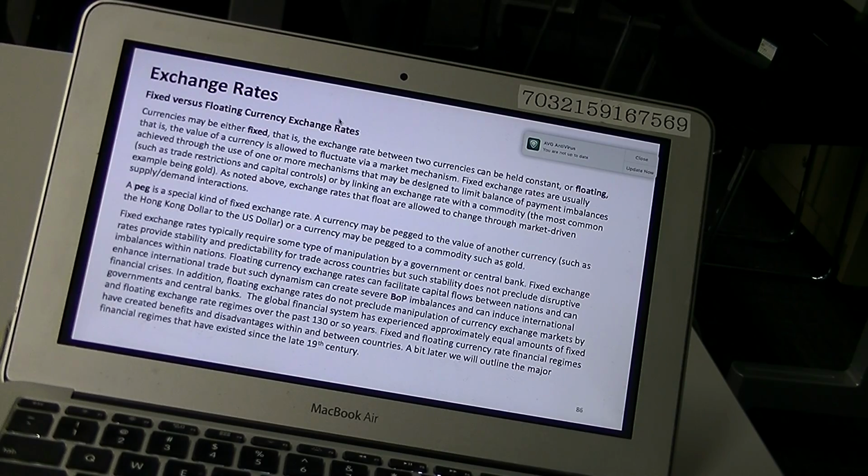And if it becomes artificial, then people begin trading it on what's called a black market. So black market trade is where there's a fixed exchange rate, and yet that fixed exchange rate is not reflecting the real value of the currencies to each other. For example, the Chinese currency, the yuan, now floats a bit, but it's somewhat fixed.